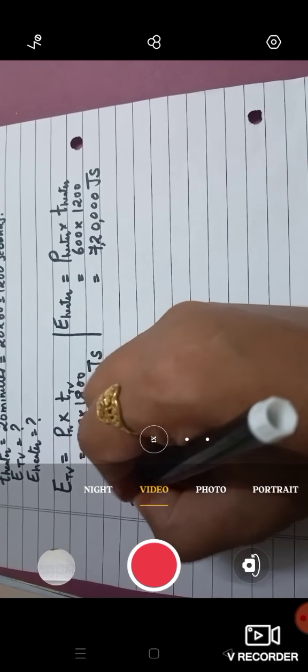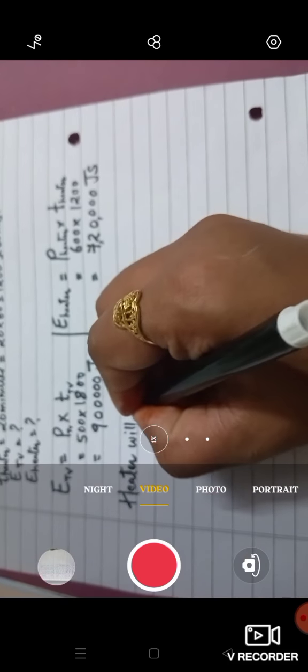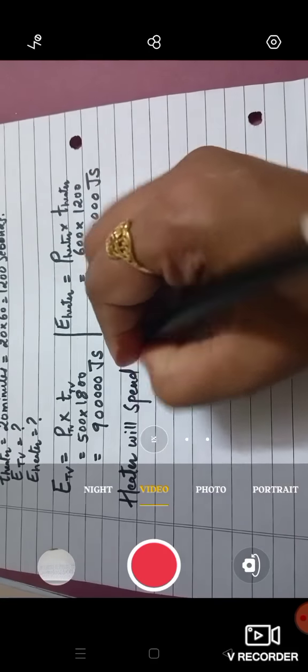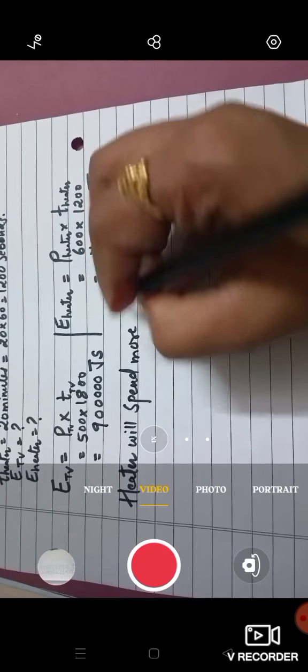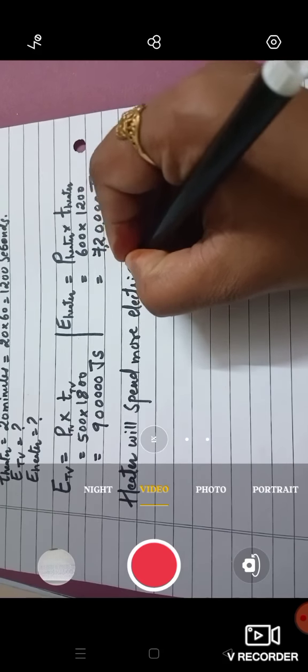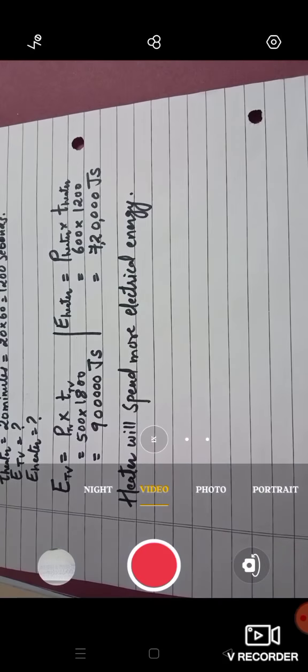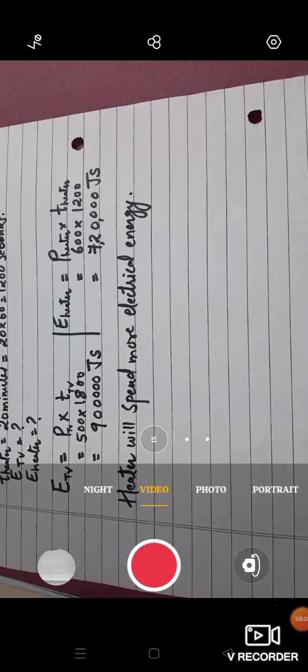So we will write: the TV will spend more electrical energy.